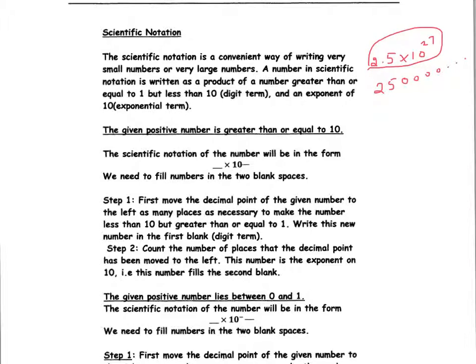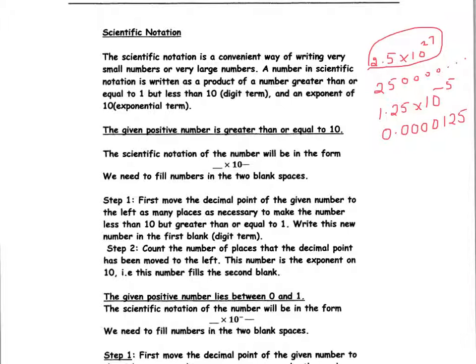Or if you see a number like 1.25 times 10 to the negative 5, it can be written as 0.0000125.